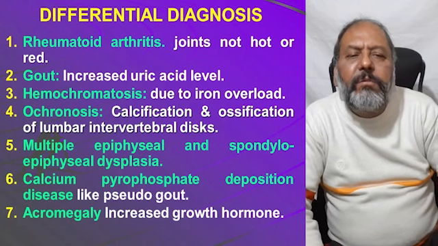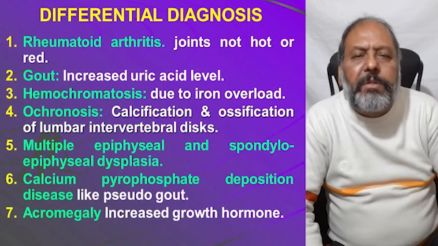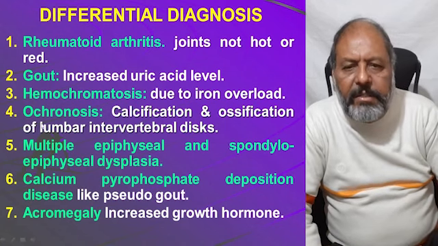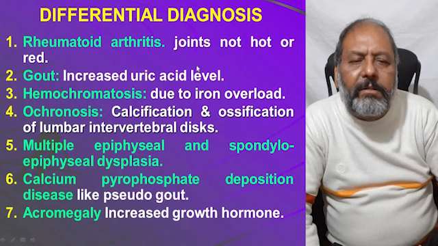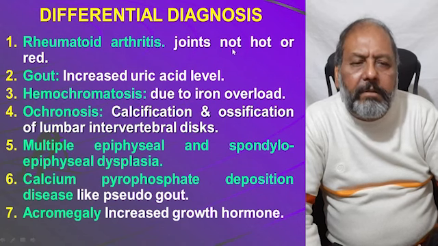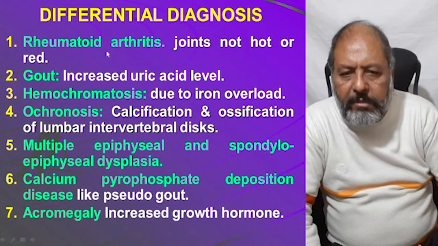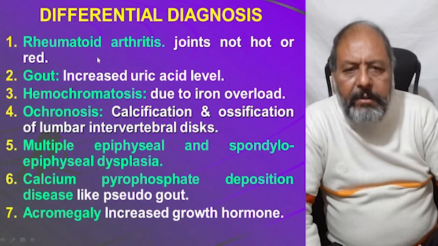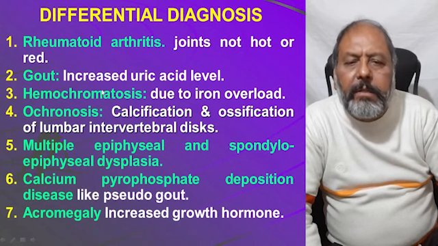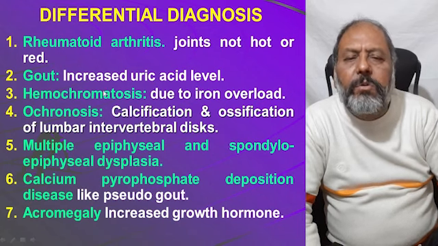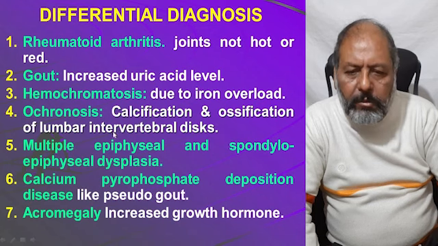Now, coming to the differential diagnosis, the mimics are these. Rheumatoid arthritis, but the joints are not hot or red in osteoarthritis, whereas they are red in rheumatoid arthritis. Gout, where there is an increased uric acid level in the blood. Hemochromatosis, due to iron overload.